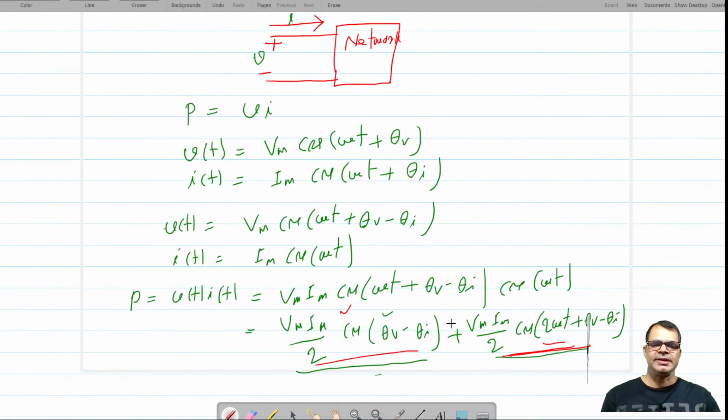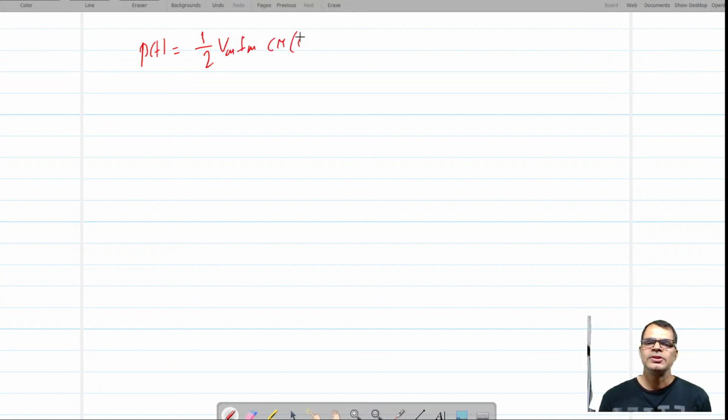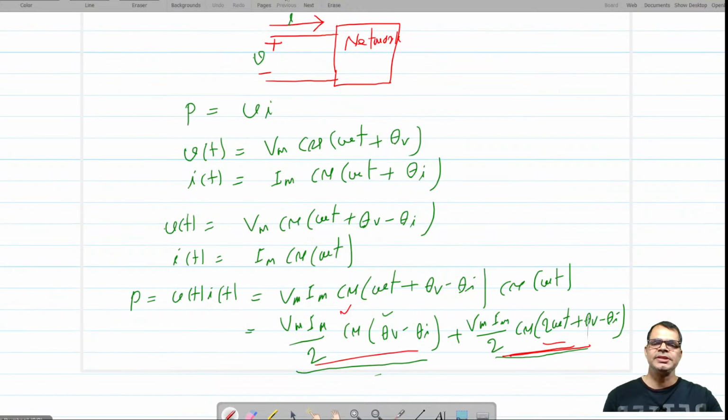So I can arrange it a little so that you have a very good relation for this instantaneous power. I can write p(t) is equal to the average value, that is half Vm Im cos(theta V minus theta I), plus this part, Vm Im upon 2 cos(2 omega t plus theta V minus theta I).